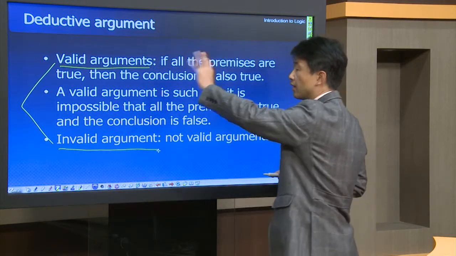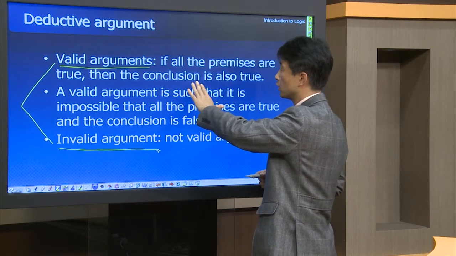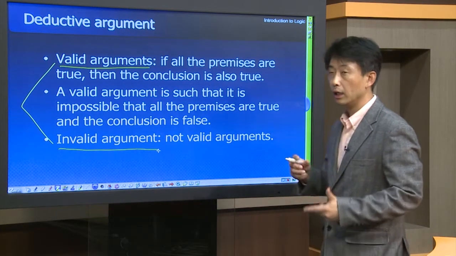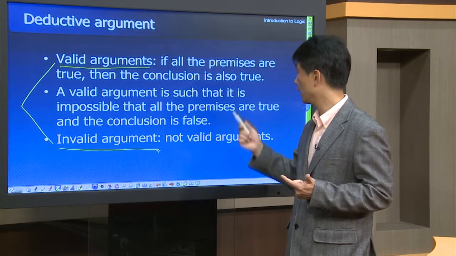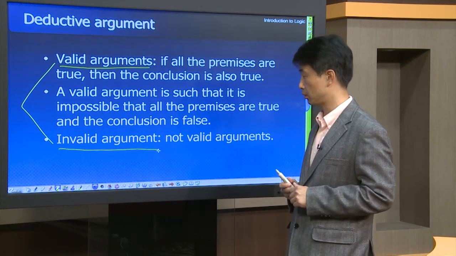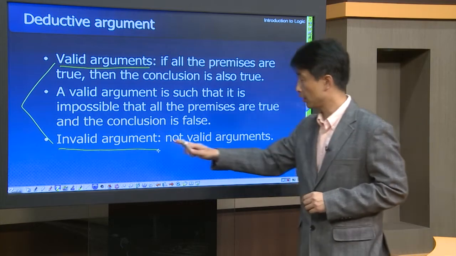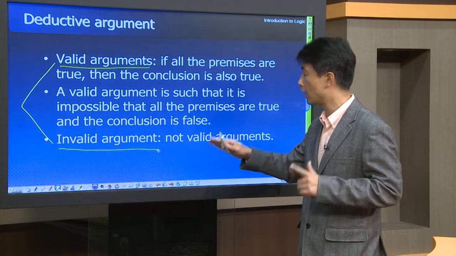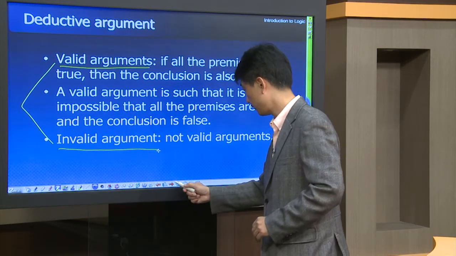A valid argument, the definition is this: if all the premises are true, then the conclusion is also true. Another definition of a valid argument is that it is impossible that all the premises are true and the conclusion is false. On the other hand, an invalid argument is an argument that is not valid. Okay? I will give some examples of a valid argument.